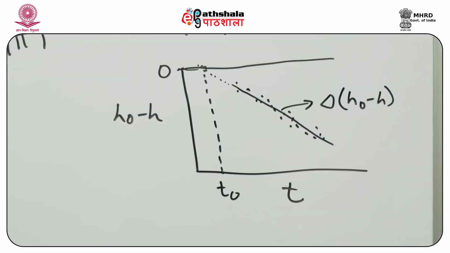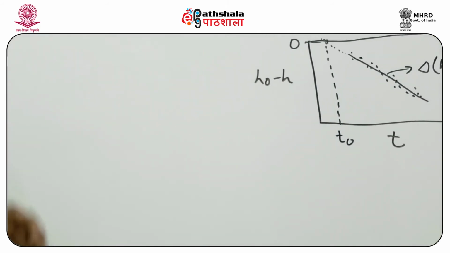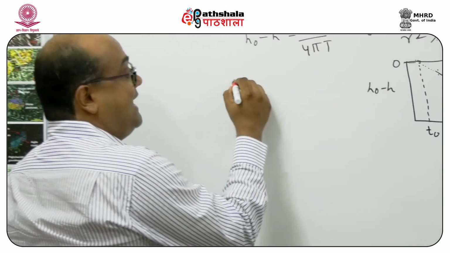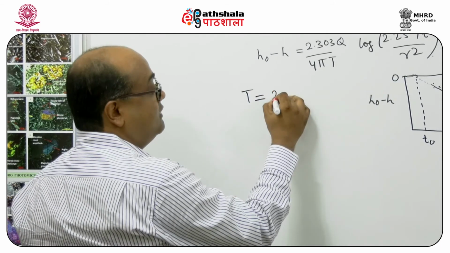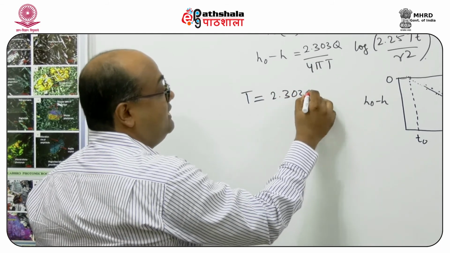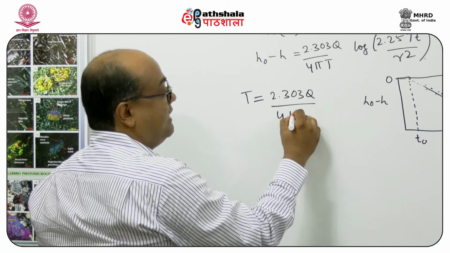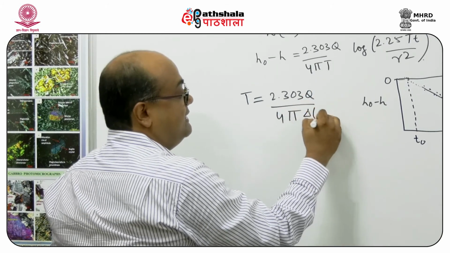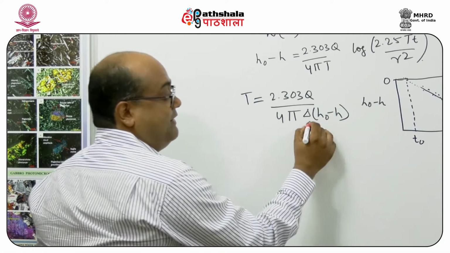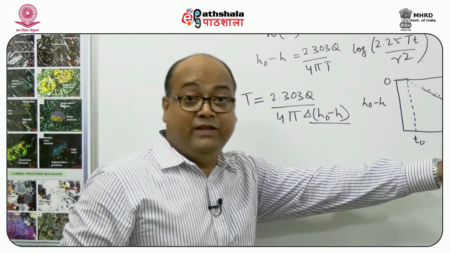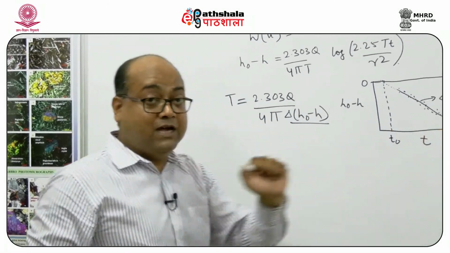Now how do we use this in the modified equation? Here we say that the value of transmissivity is equal to 2.303 Q divided by 4 pi delta H0 minus H. And what is this? This is basically the slope of the line, which we can obtain from the curve.